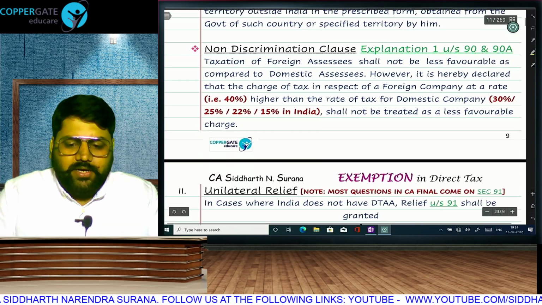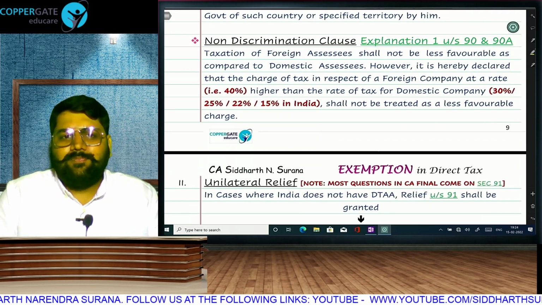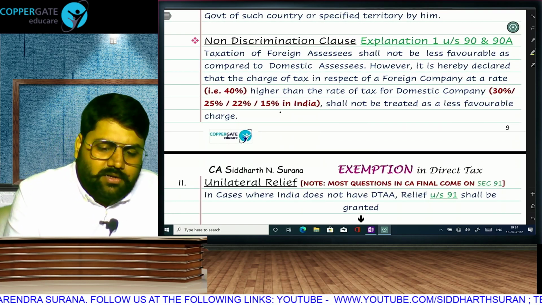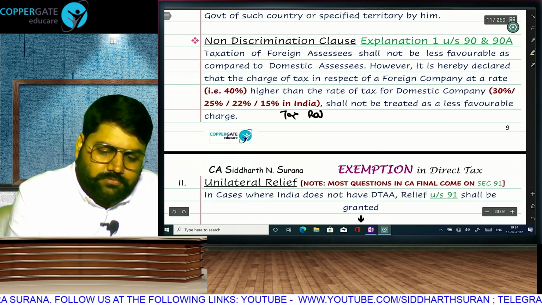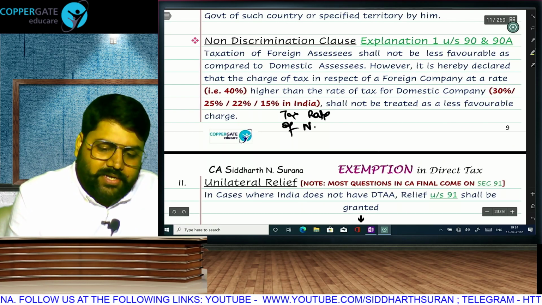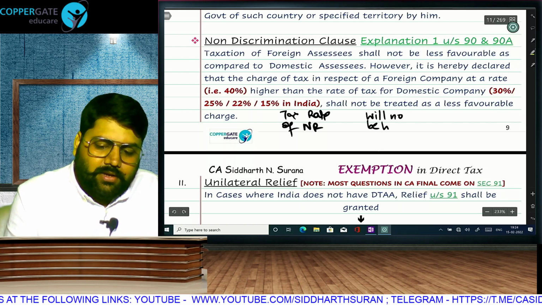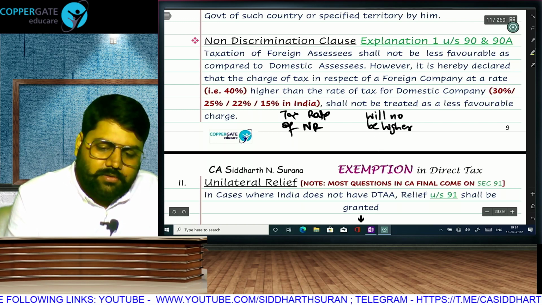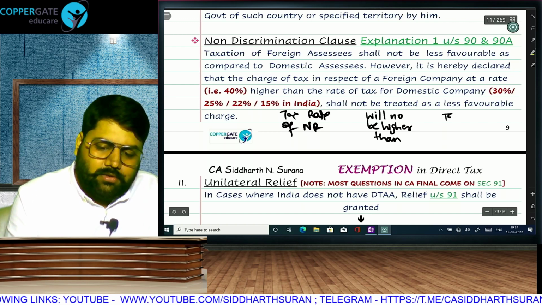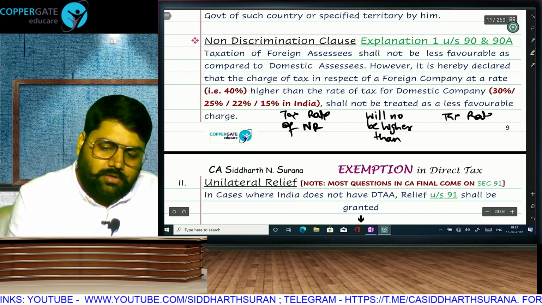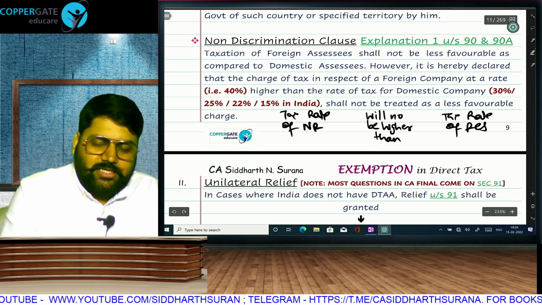Next, non-discrimination clause. To put it in simple language, the tax rate of a non-resident will not be higher than the tax rate of a resident. India-Germany agreement.